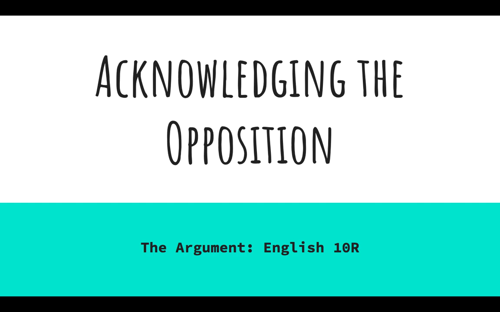So at the end of this unit, you're going to write a 6-paragraph essay based on what we've gone over. The first paragraph is going to be your introduction, followed by 3 body paragraphs. That's what we've covered so far. Okay. Then your fourth body paragraph is going to be an acknowledgement of the opposition, which is what we're going to talk about today.